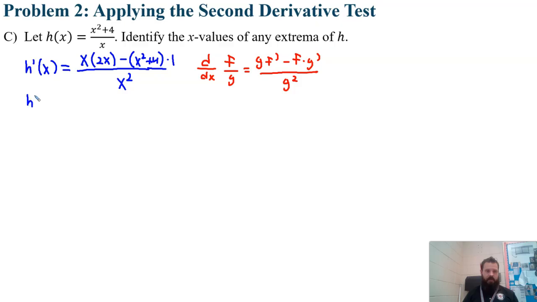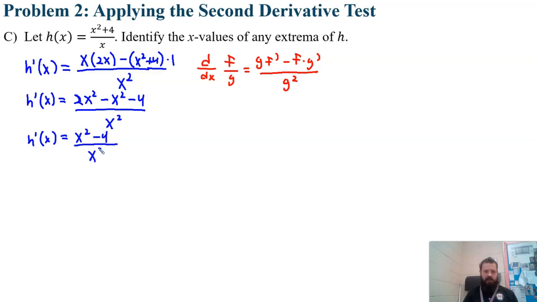Okay, let's clean that up. h prime of x we could say is equal to 2x squared minus x squared minus 4, all over x squared, which we can simplify down to just x squared minus 4 all over x squared.